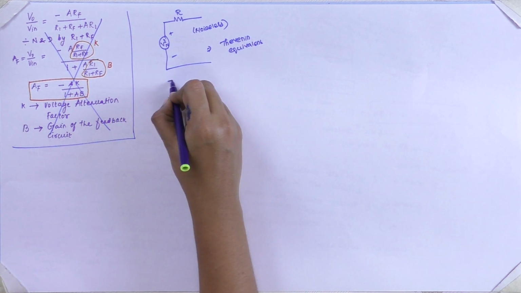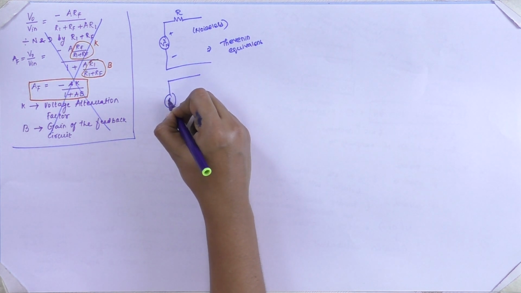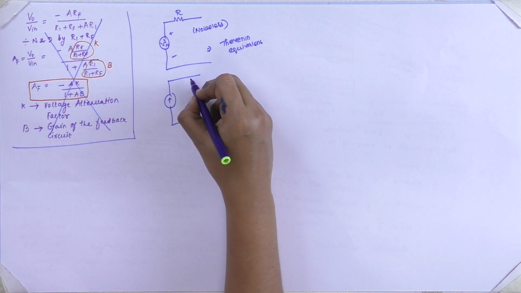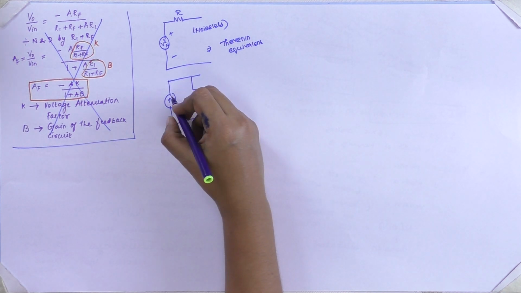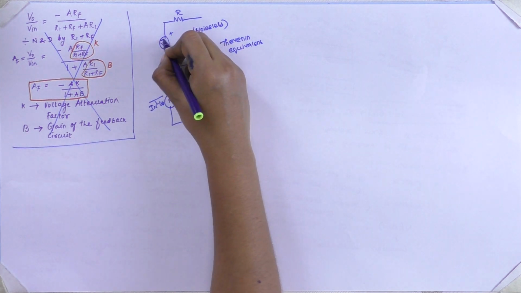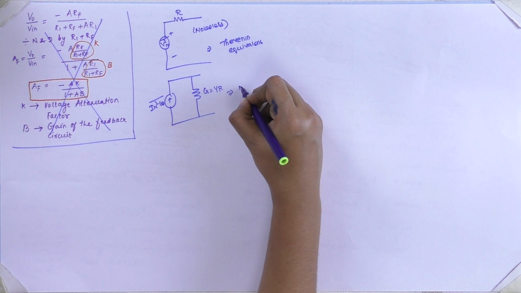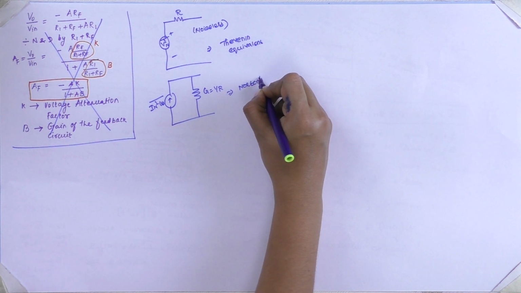Same for the Norton equivalent, where the voltage source is replaced by a current source, In square of t. This is G, where G is equal to 1 by R. This gives our Norton equivalent.